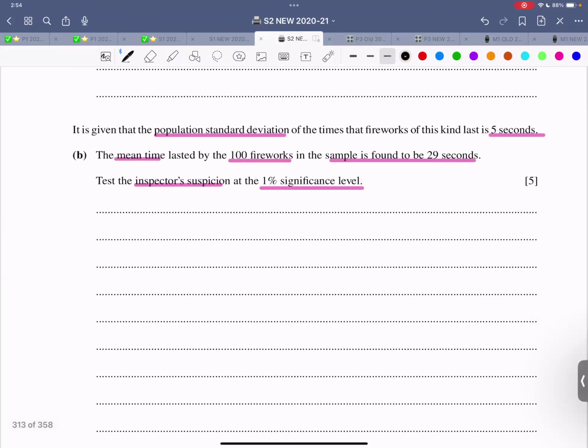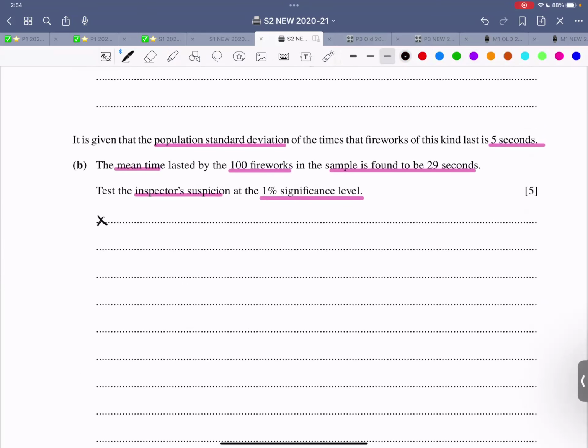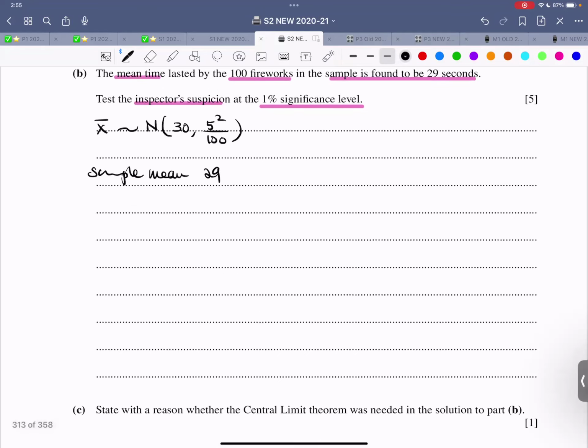First of all, what is the distribution? X bar, a sampling scenario, follows a normal distribution, mu is 30, standard deviation is 5, so 5 squared divided by 100, where 100 is the sample size. The sample mean is found to be 29 seconds.